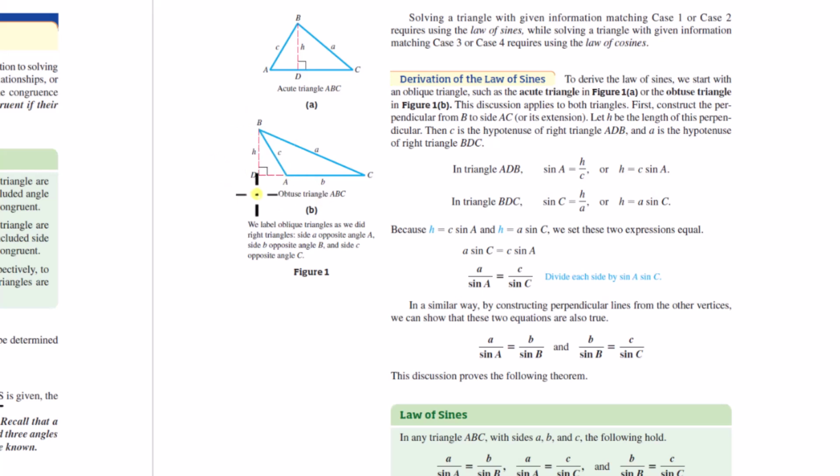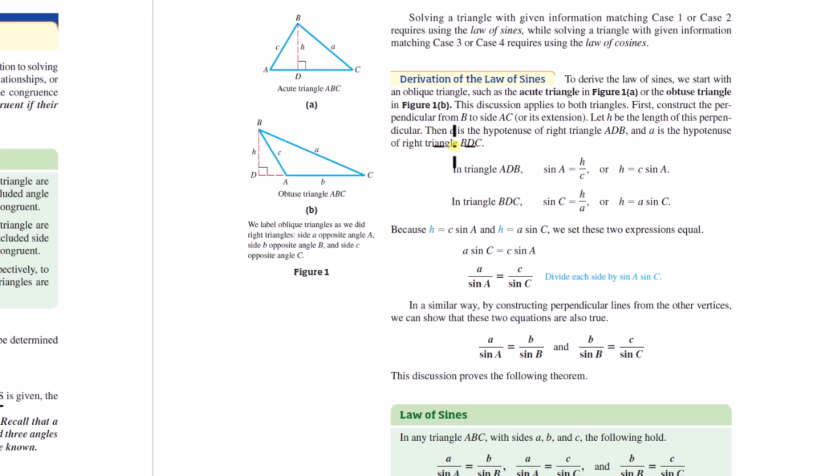But that doesn't mean that this is side length b. The side length b is still just this. Okay, but for an acute triangle, like in this case, you don't have to do a virtual extension. Okay, so we dropped a perpendicular from vertex B, called that length h. We did this for both triangles.